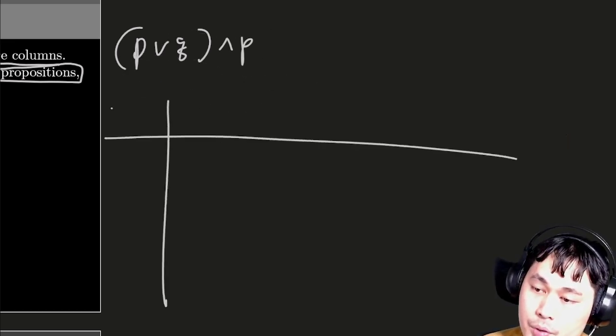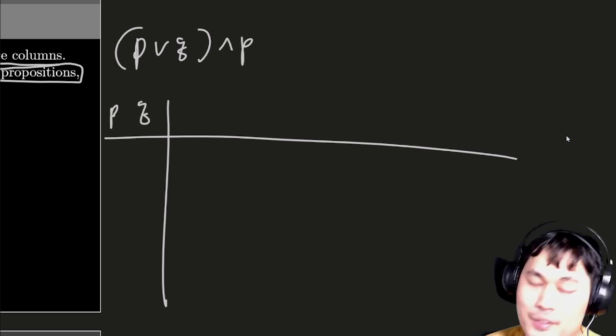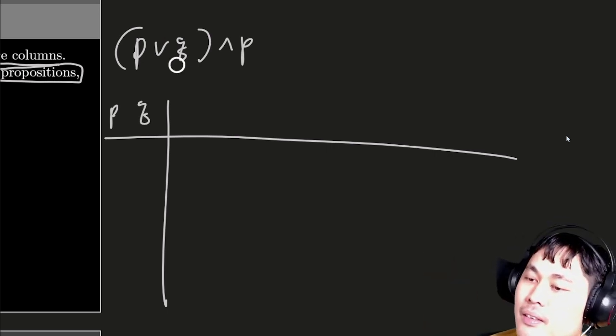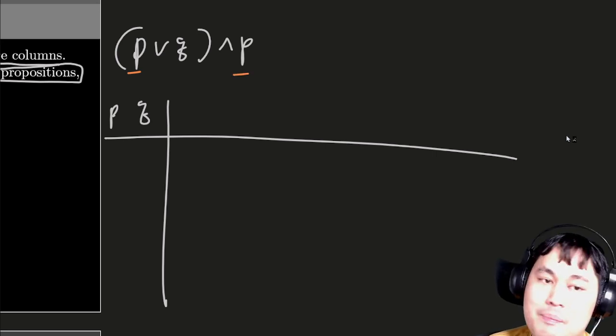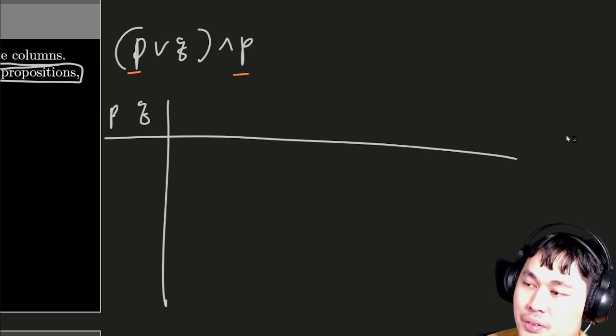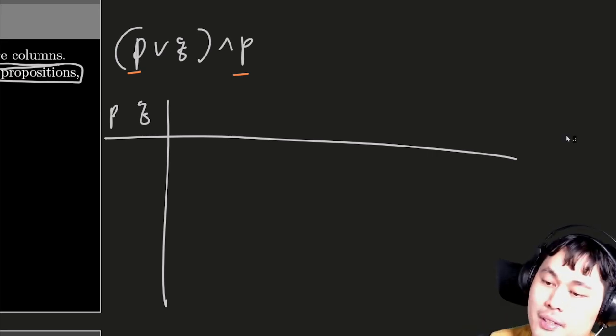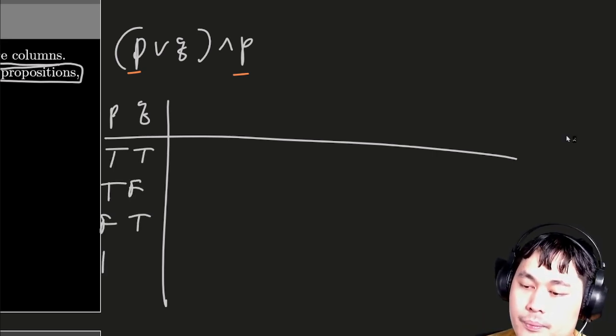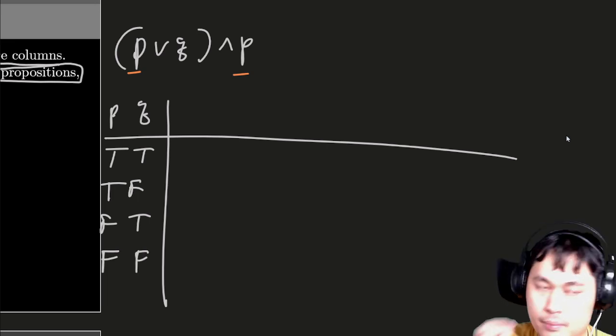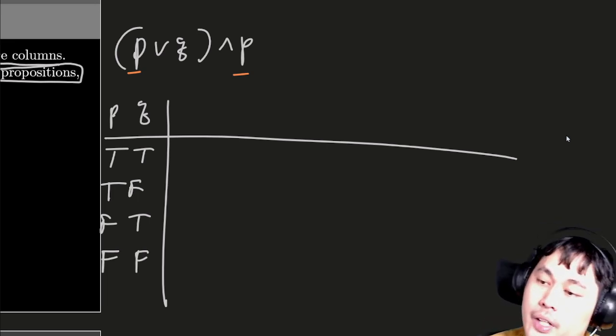What you do is you first count how many propositions there are. There are three, but these two P are the same. They have the same value, so you actually have two. That's just P and Q. So we can start from that and do the rest.